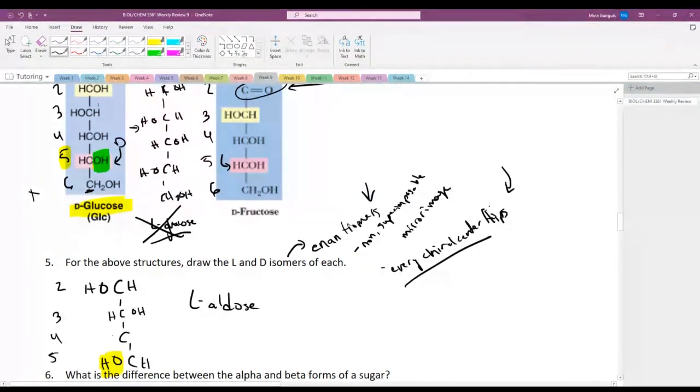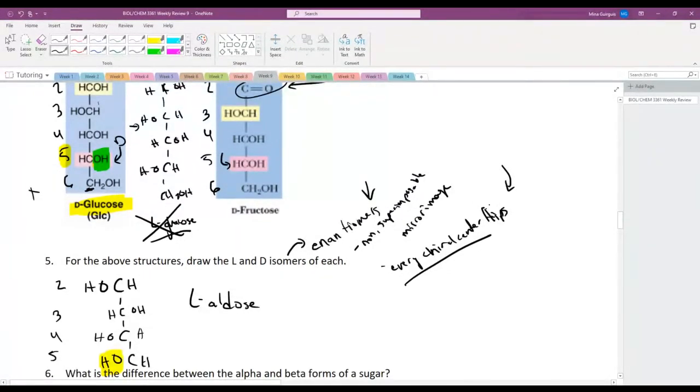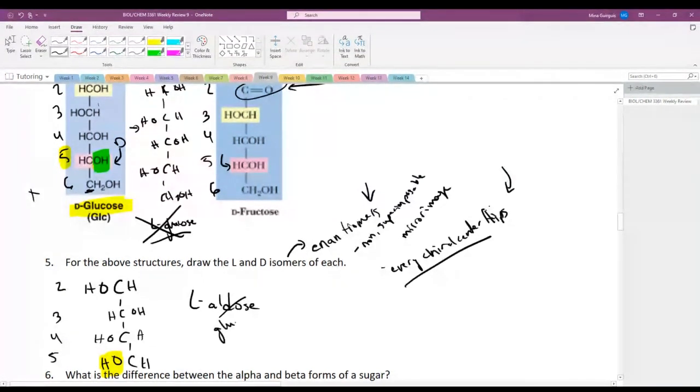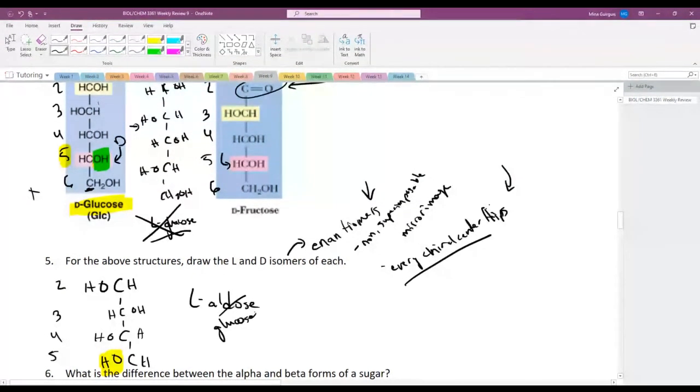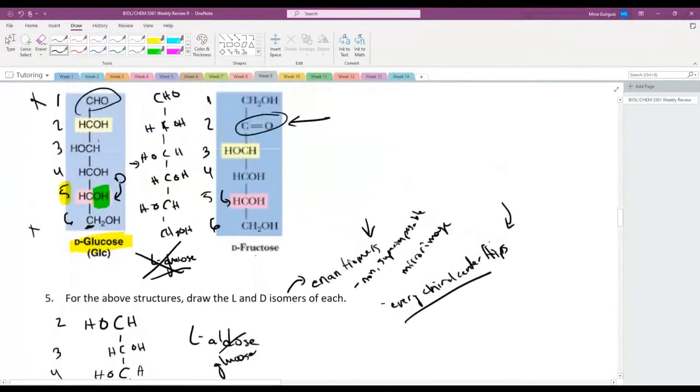Position number 4 is going to be that. There we go. Now this is L-glucose. I didn't even realize I was making that mistake. So this is L-glucose because every chiral center has flipped. And I'm going to go ahead and swap that over to L-glucose now. There we go. All right.